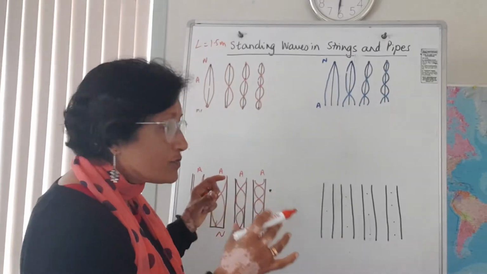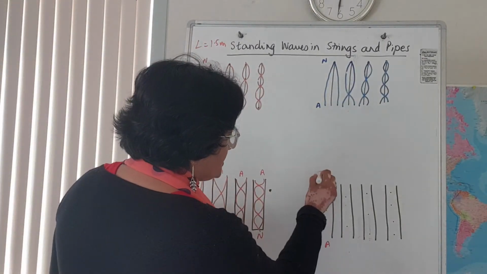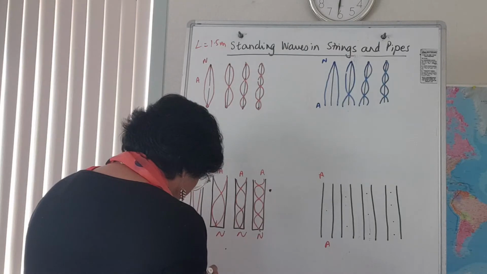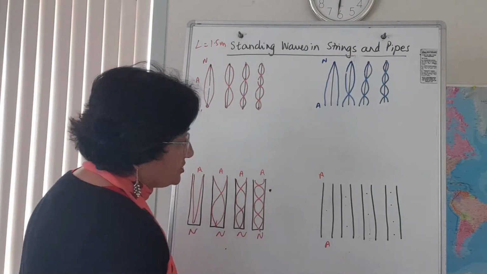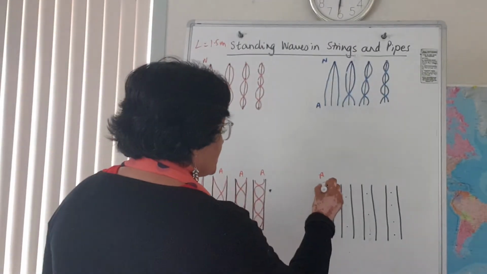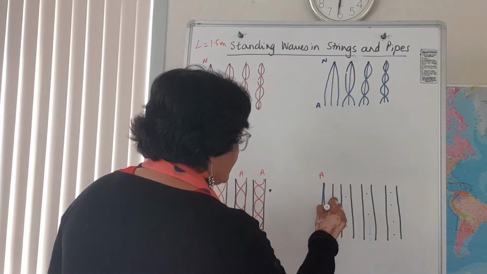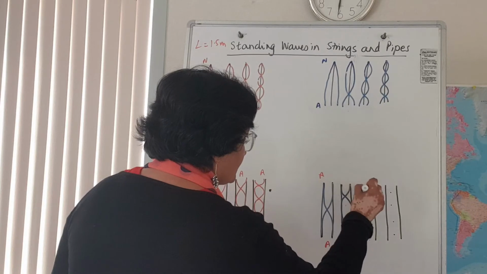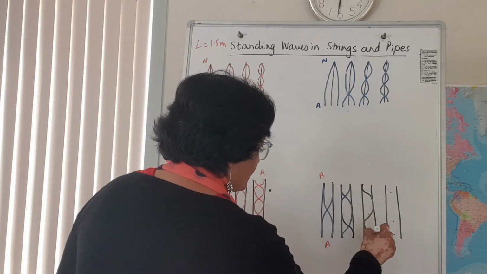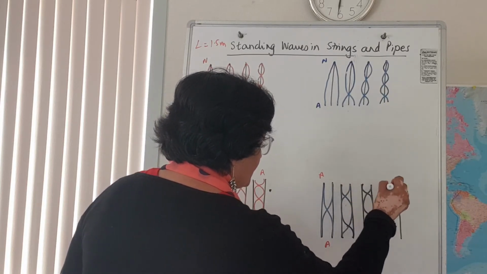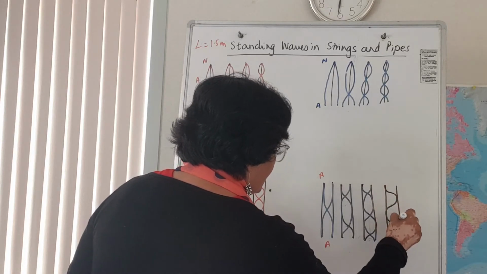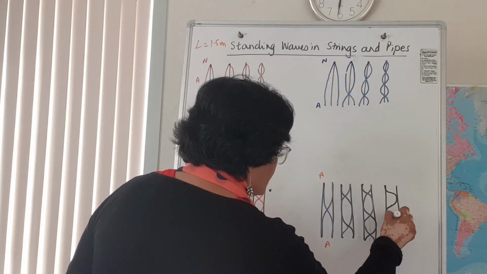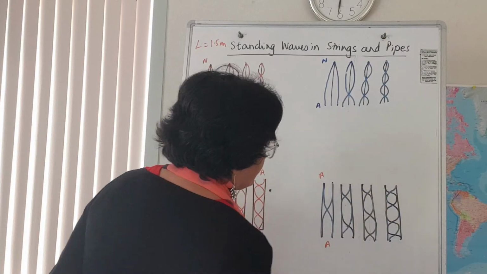Okay, and then the last one's actually exactly like this, but just a little different. If the pipe is open at both ends, you have to have an antinode at both ends. So always between an antinode, you always have a node. So this is the shape of the wave in an open pipe. There you go.